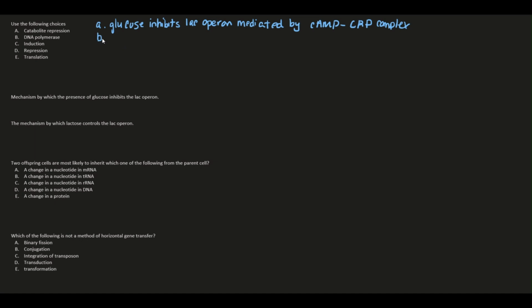B, DNA polymerase. That is an enzyme that joins new nucleotides to growing DNA strands.